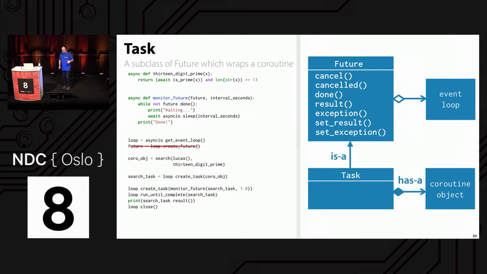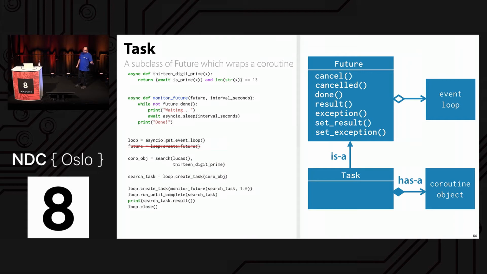Turns out, in what I view as a particularly dubious use of inheritance, which is not the first time this has happened in Python land, a task is a future in asyncio. So we don't necessarily have to create futures in order to monitor their progress. We can actually just directly monitor a task. So I've changed my program on the right here so that it no longer creates the future.